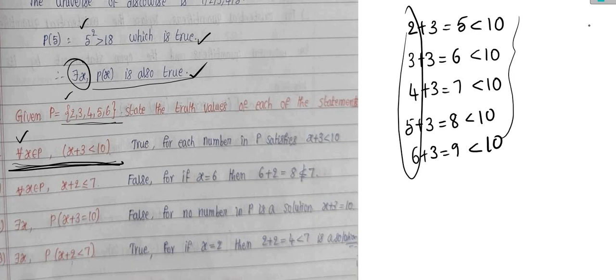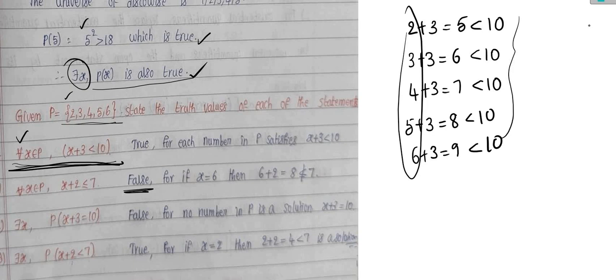Next we move on to the next one, that is for all x belongs to P, x plus 2 is less than or equal to 7. Here I want to add each element with 2 and observe whether it is less than or equal to 7. Here it is false. Why?